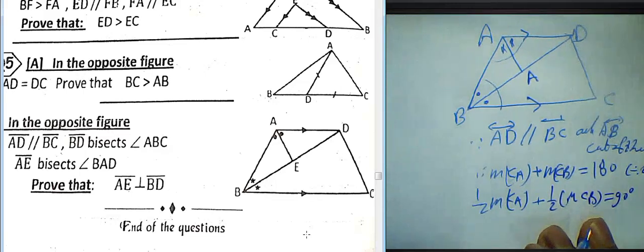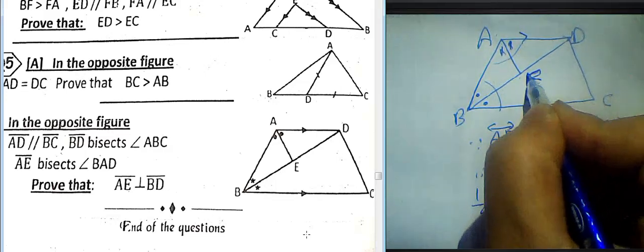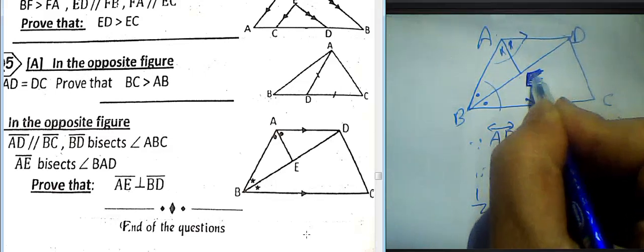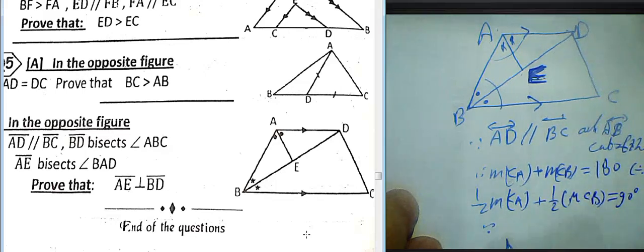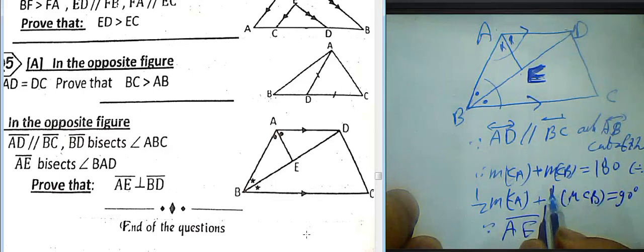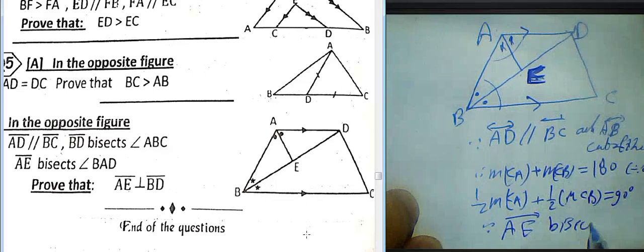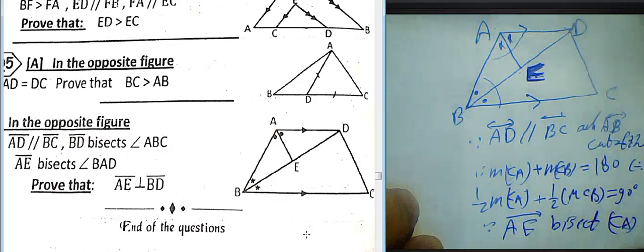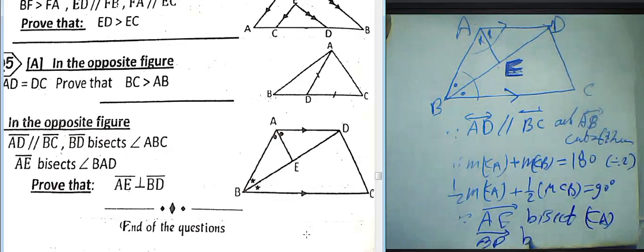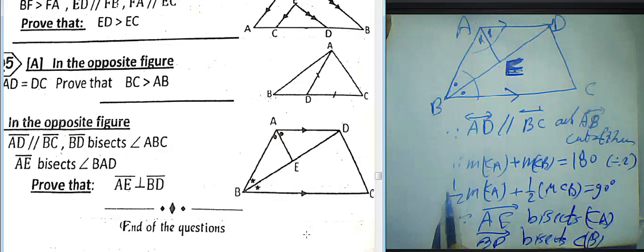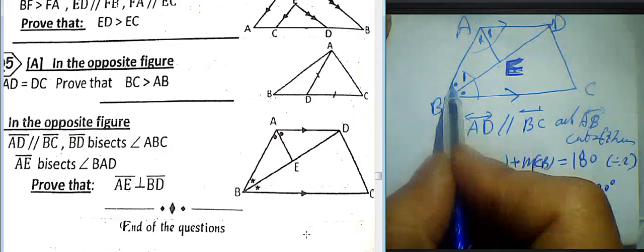And then we have here E. What's this? It's E. And we have here AE, such that AE bisects angle A, and BD bisects measure of angle B. The measure of angle 1 equals measure of angle 2, and the measure of angle 3 equals measure of angle 4.